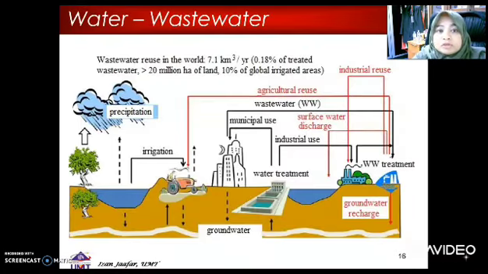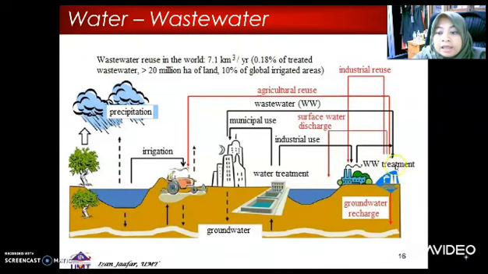Okay, jadi saya nak tunjuk bagaimanakah hubungan antara water cycle kepada water usage, kemudian wastewater dan agriculture. So precipitation kita dapat turun dan kita gunakan untuk irrigation. Kemudian kita gunakan air minuman ke, air untuk operation daripada groundwater dan lain-lain.